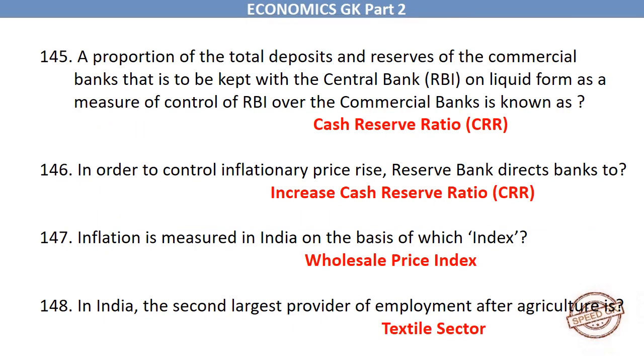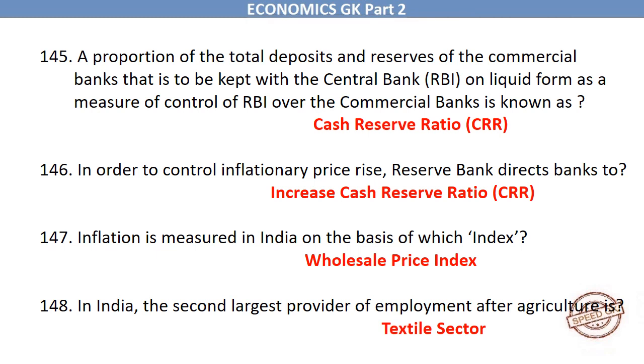A proportion of the total deposits and reserves of the commercial banks that is to be kept with the central bank, RBI, in liquid form as a measure of control of RBI over the commercial banks is known as Cash Reserve Ratio, CRR. In order to control inflationary price rise, Reserve Bank directs banks to increase cash reserve ratio, CRR.